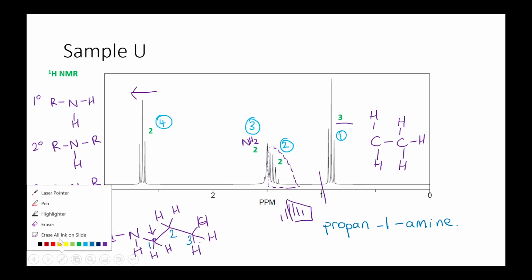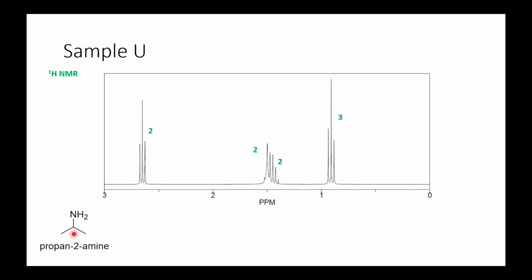Now imagine if we were to, for instance, move the nitrogen, the amine group, to sit in the middle and have propan-2-amine, for example here. How would we expect the signals to change? And this is just to do a second double check of your initial assumptions to make sure that what we have assigned is correct. So if we moved our nitrogen to, say, sit at this group here, and so we're keeping it as a primary amine, just changing where it is, we'll still expect to see the signal due to the nitrogen protons.